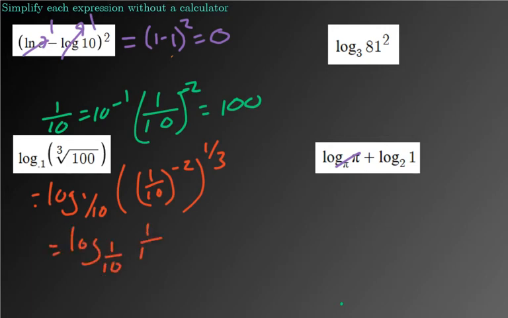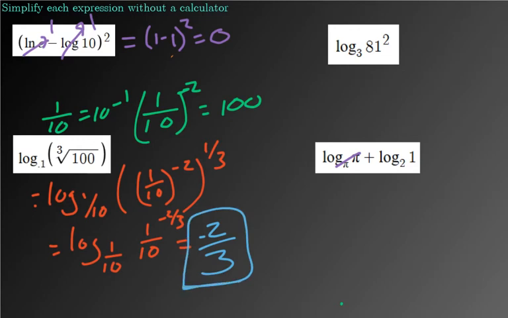We just multiply negative 2 and 1/3, so we get negative 2/3. And so log equals the exponent, which is the negative 2/3. And so that is my final answer for that one. So no calculators needed. You can just kind of, in a sense, cancel these. And then this thing is what the log will equal.